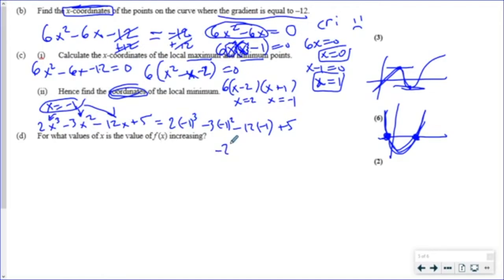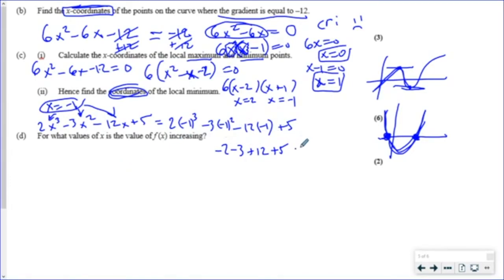Then this is going to be minus 3. And then that's going to be plus 12 plus 5. So this is big boy math. Let me get my big boy calculator. Negative 2 minus 3 plus 12 plus 5. Ooh, that's 12. Okay.